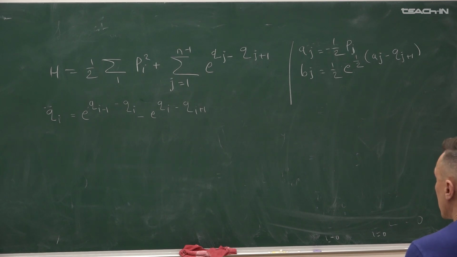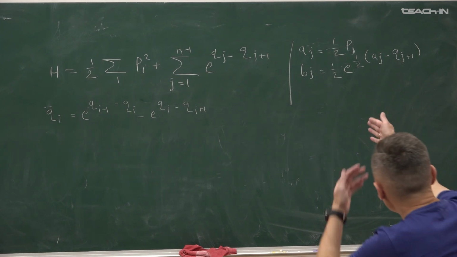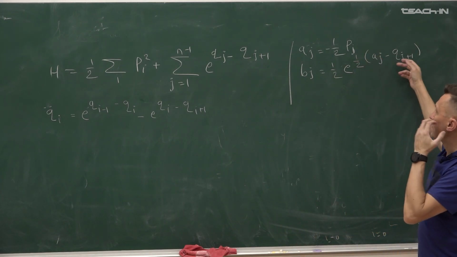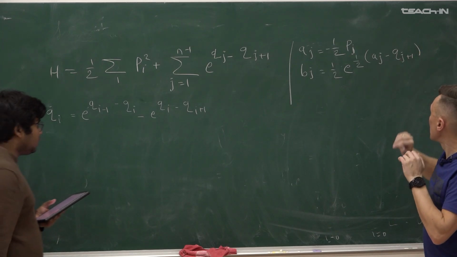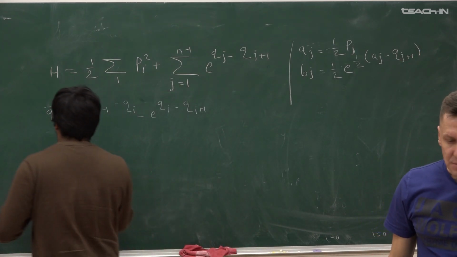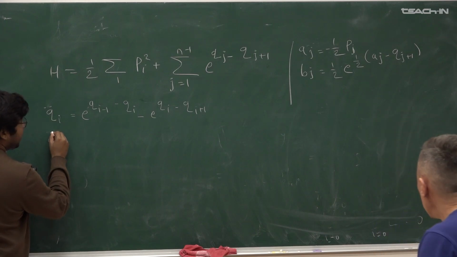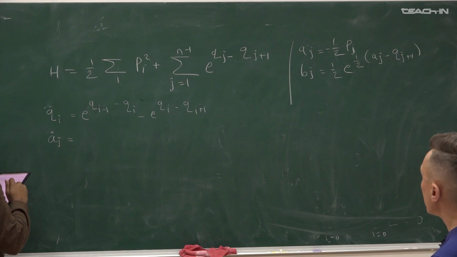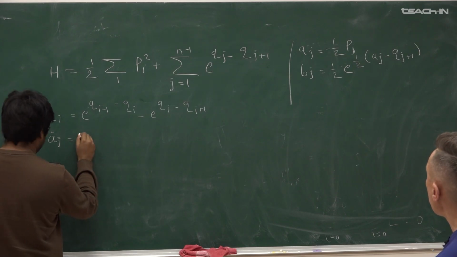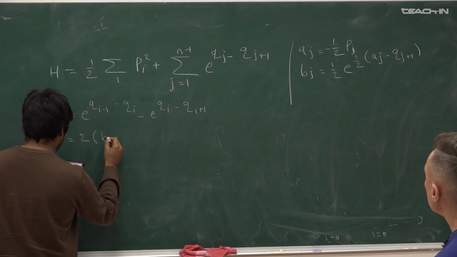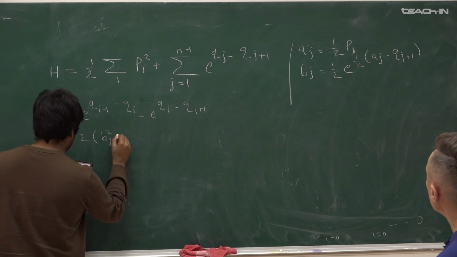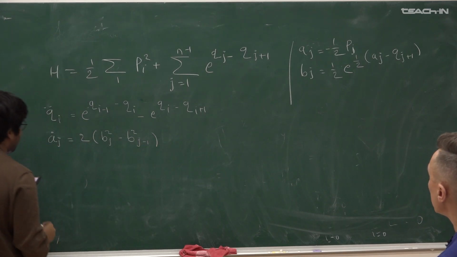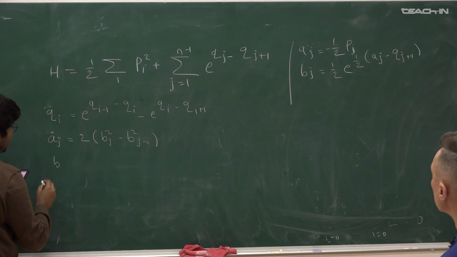If you try to differentiate A, you will get some first derivatives of P and Q. So the first derivative of Aj will be something like 2 bj squared, j minus 1. Yes, but how to get this?